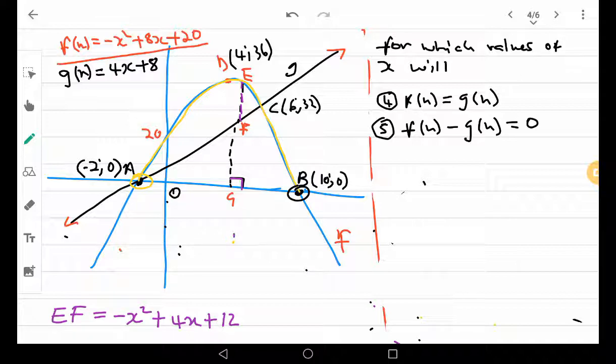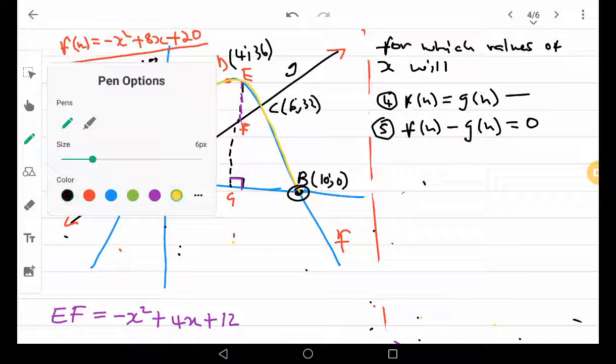Don't we do f of x equals g of x like a point of intersection? F of x is equal to this, like a point of intersection.